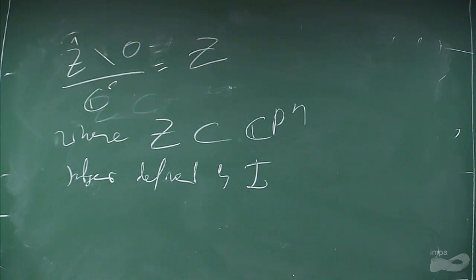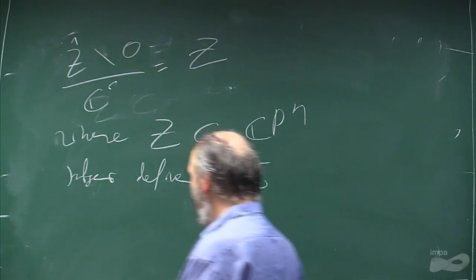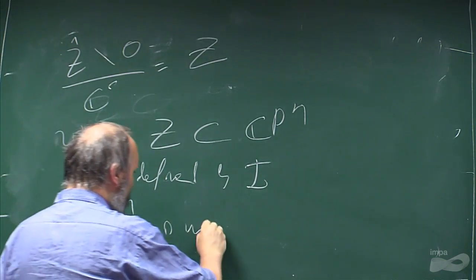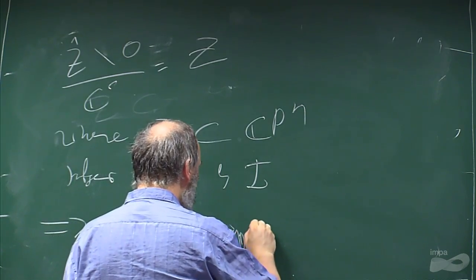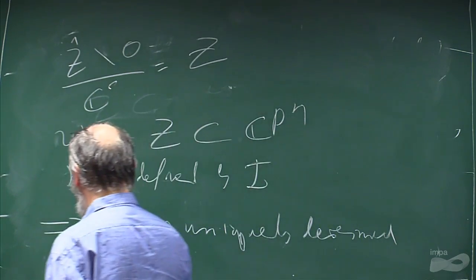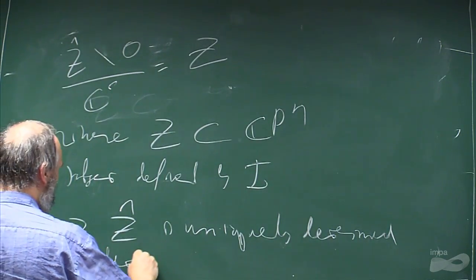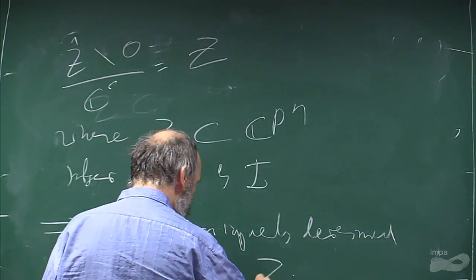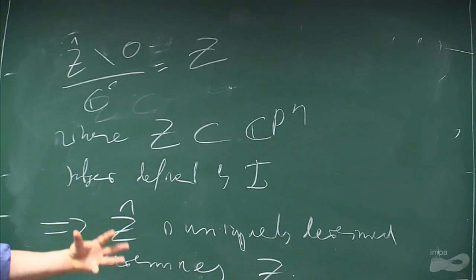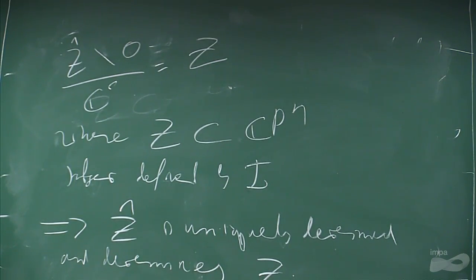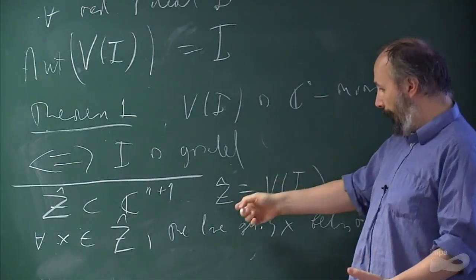Okay. And so this means that Z hat is uniquely determined by and determines Z. So if you have a projective subvariety, you consider its ideal, and you take the zeros of this ideal in the corresponding vector space.